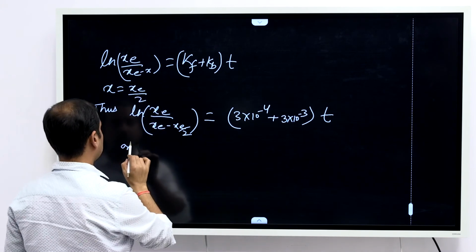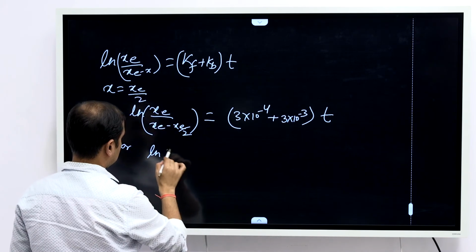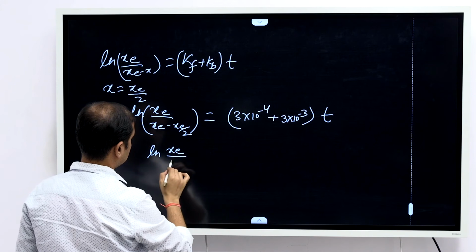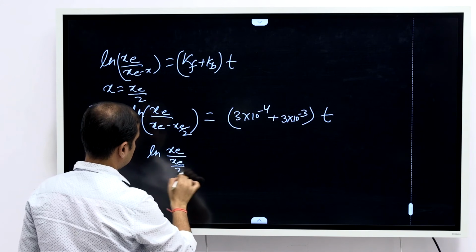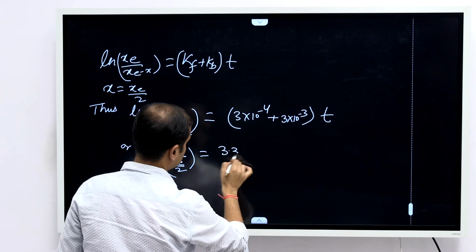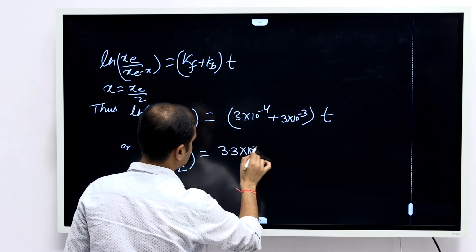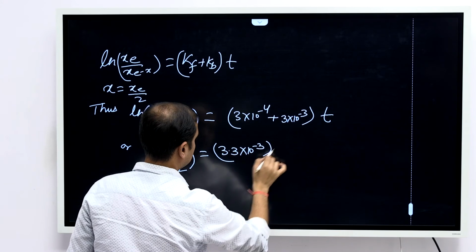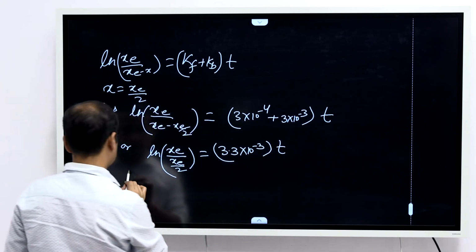So now here we have ln xe upon (xe by 2) is equal to 3.3 into 10 to the power minus 3 multiplied by t.